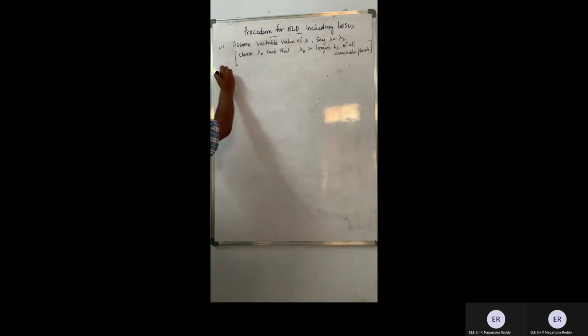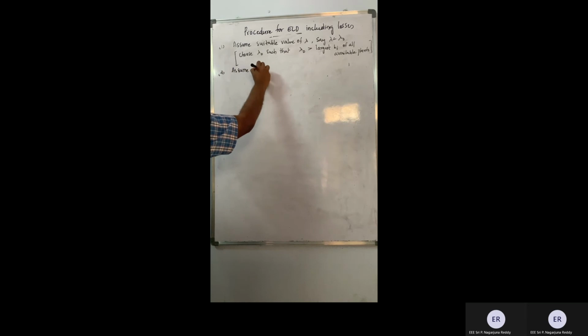Next. So after knowing lambda, what we are supposed to do, we need to have in the equation, if we have observed, A and B are constants, capital B is also a constant, the loss coefficient. So the values which will be changing here, one is lambda, the other one is P, power generation. So we need to start at some value of power generation. So what is the initial value of power generation?